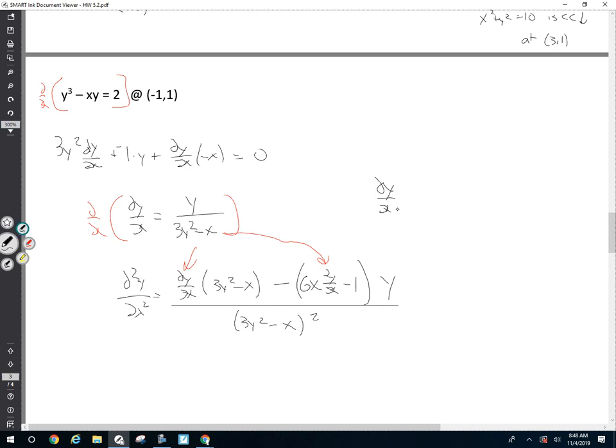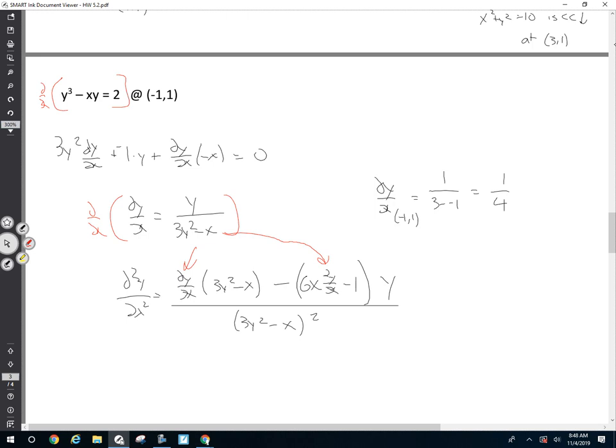Instead, what I'm going to do is start evaluating. And the first thing I'm going to evaluate is what is dy dx at negative 1, 1? If I plugged in negative 1, 1 into this, I'd get 1 over 3 minus negative 1, which is 1/4. Okay, so that's going to be used, this 1/4.